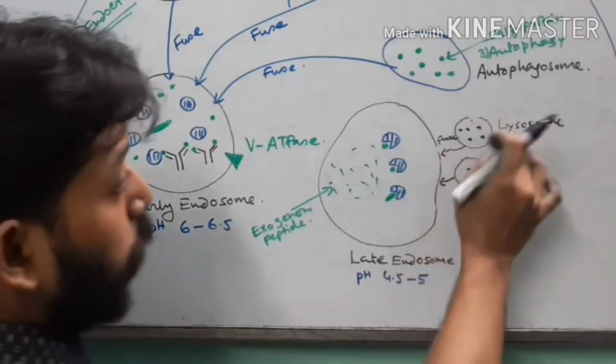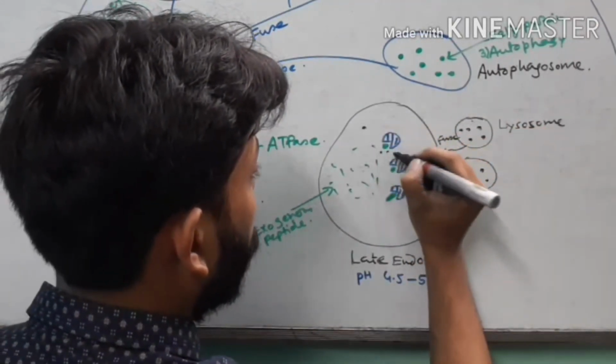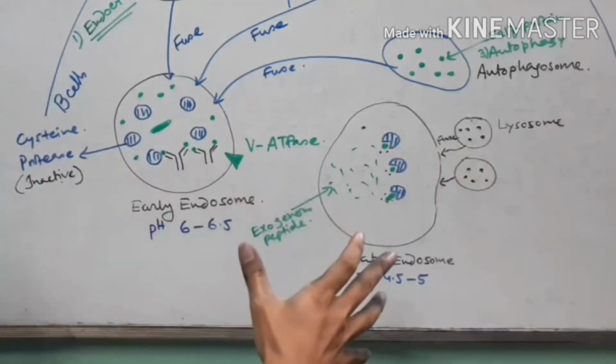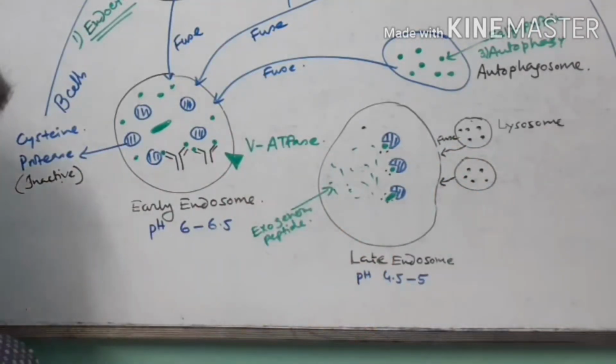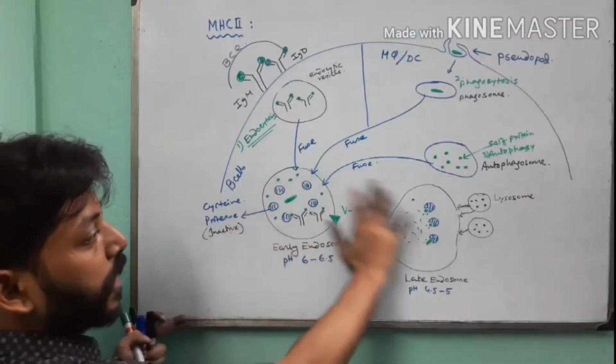Now the lysosome-containing enzymes are also present. They also cleave this product. So this is antigen processing. In the case of class 2 MHC molecule, antigens are processed in these vesicles.